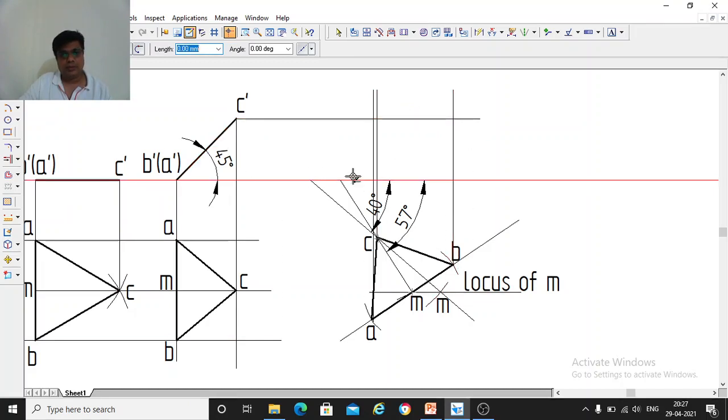Anyway, AB is on this XY line. So first you take the point A, this is A dash. Now connect all the points A, B, C.